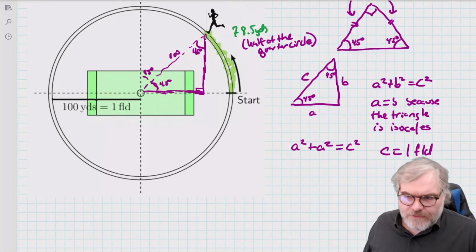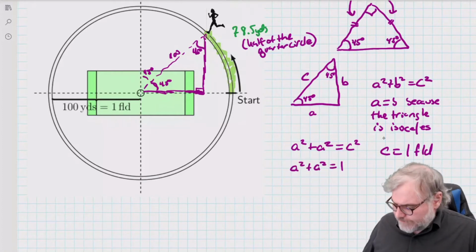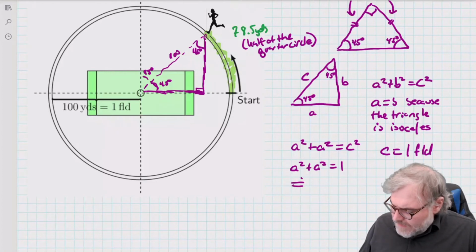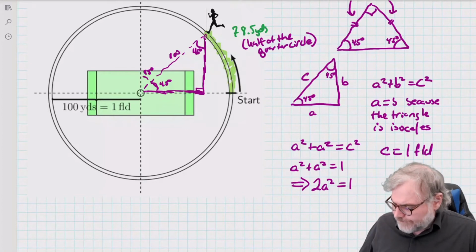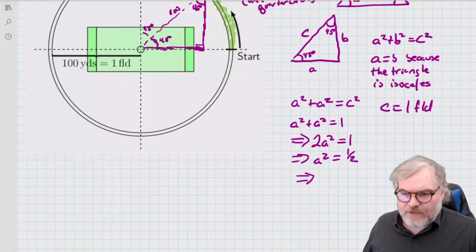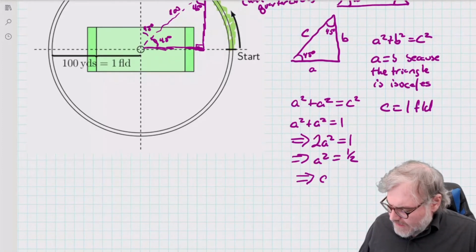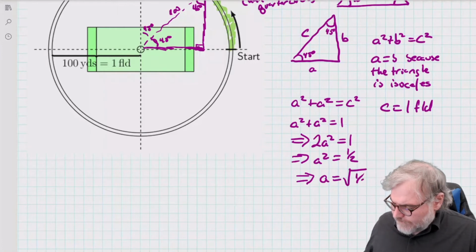Or 100 yards, or one field. So I know that A squared plus A squared equals 1 squared. Which implies that 2A squared equals 1. Which implies that A squared equals 1/2. Which implies, because I'm only dealing with positive numbers, that A equals the square root of 1/2.